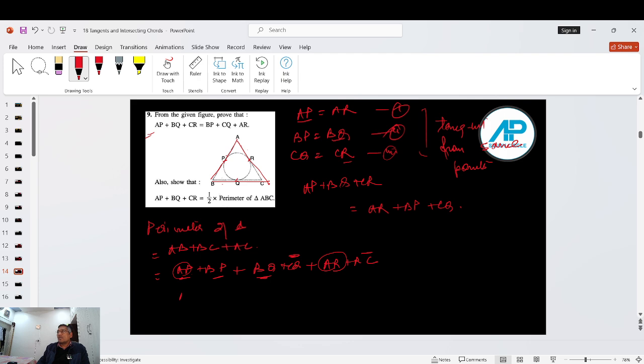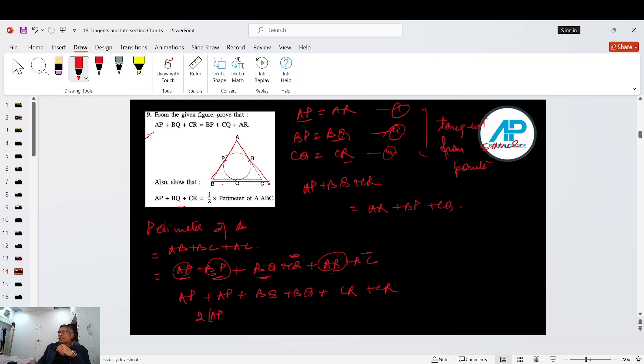I want here AP plus, what is AR equal to? AP. What I need to have is BQ. I keep this BQ, and what is the other part of BQ? BP. I replace this with BQ. Plus the other part, I need to have CR. I keep CR, and CR is equal to CQ. I replace this CQ with CR.